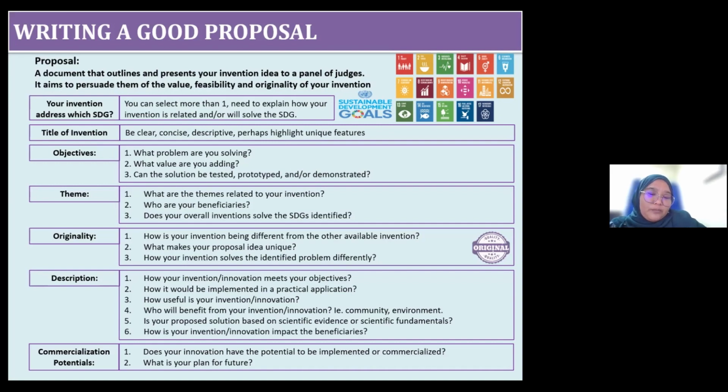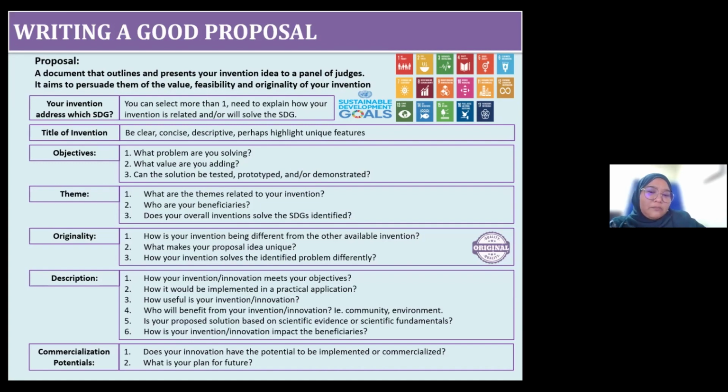So if your product or innovation is able to be produced, how is it used in daily life, or in real life application, for example? Then it goes to the next question: how useful is your invention or innovation?